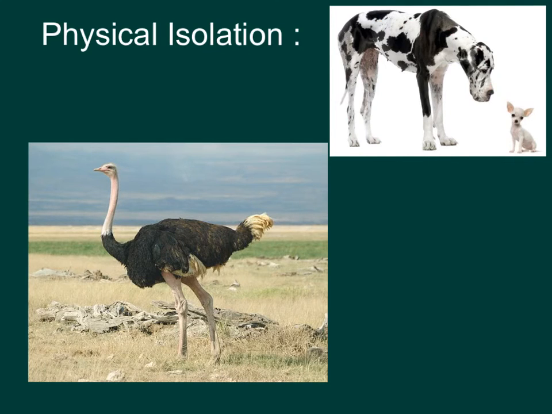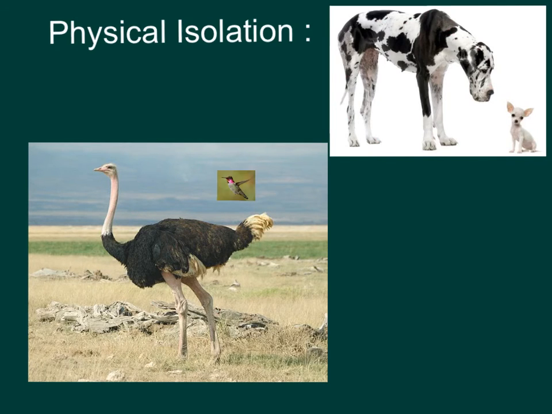But let's talk about a more natural example. Here is a bird, the ostrich, one of the larger of the birds. Now, if I were to introduce a hummingbird into the same area where this ostrich is located, and here the hummingbird is actually much larger than it would be in nature, there's no way that this little hummingbird is going to impregnate this somewhat larger ostrich.